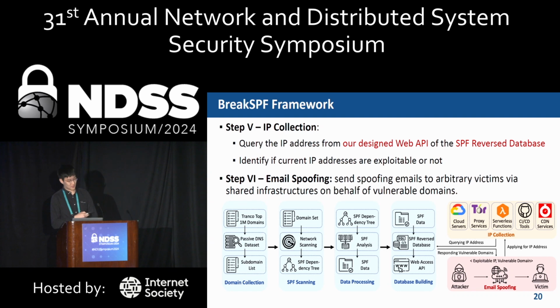Then we use these IP addresses to access the web API provided by our framework, and our framework will identify whether the current IP addresses are exploitable or not. The last step is email spoofing. Attackers can send spoofing emails to arbitrary victims, sharing the infrastructures on behalf of vulnerable domains.